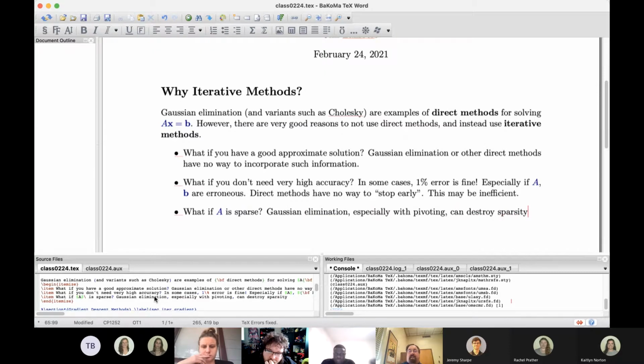A may be mostly zero entries, but then you do PA = LU, your LU decomposition, and your L and U factors might be full matrices, might be dense. For matrices, the opposite of sparse is dense. So a dense matrix is one that has mostly non-zero entries. And generally, you still want to do pivoting if you can, because it helps contain round-off error, but you might end up losing efficiency.